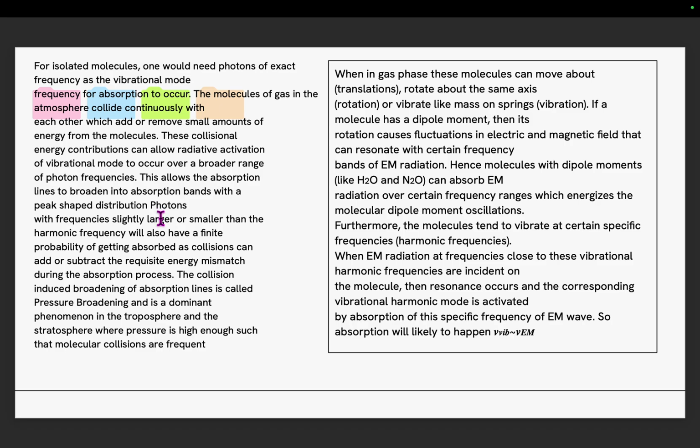Photons with frequencies slightly larger and smaller than the harmonic frequency will also have a finite probability of getting absorbed, as the collision can add or subtract the requisite energy mismatch during the absorption process. This collision-induced broadening of absorption lines is called pressure broadening, and it is the dominant phenomenon in the troposphere and the stratosphere, where the gas pressure is high enough that molecular collisions become more frequent.